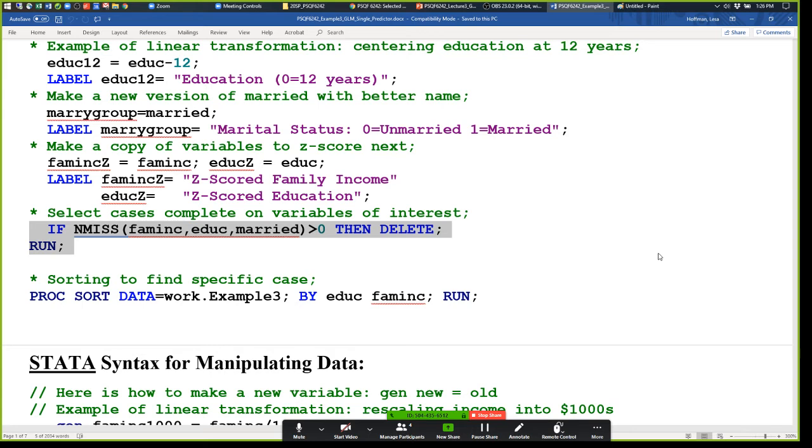What it does is return the number of missing values across the columns that you specify in parentheses as the arguments to the function. So in English, this says, if the number of missing values for this person's row of family income, education, and married is greater than 0, then they're gone. Bye-bye. Then delete. Because I can't use them in my models if they don't have complete information.